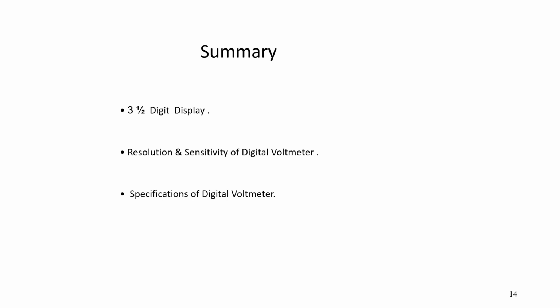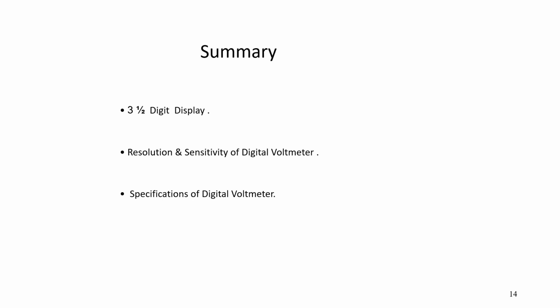For power consumption, it has two AA size 1.5 volt batteries, so the life is typically 2000 hours with zinc carbon. The standard accessories are the probes, red and black, a safety fuse, etc.